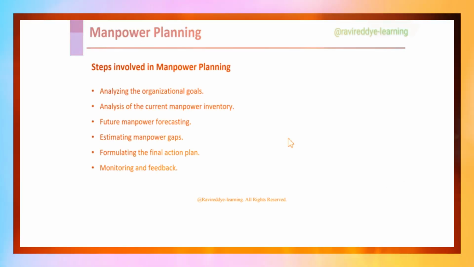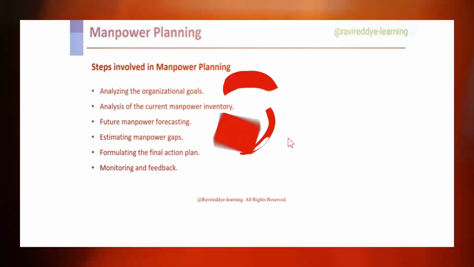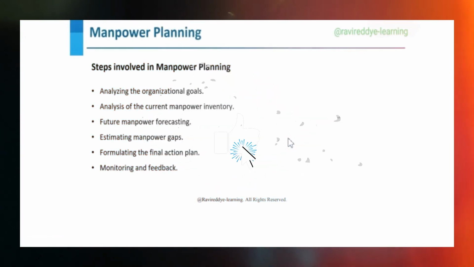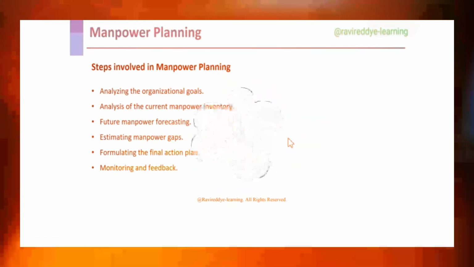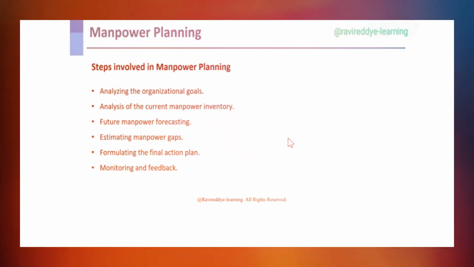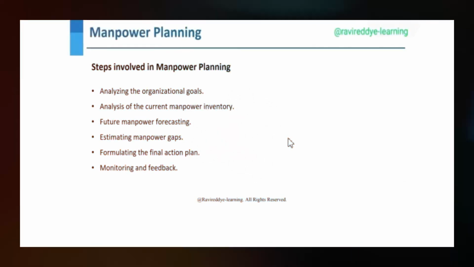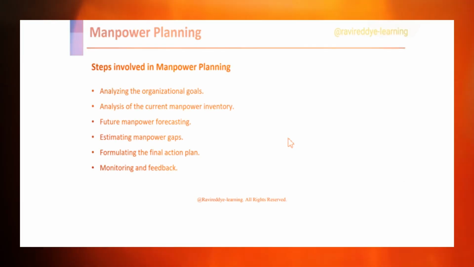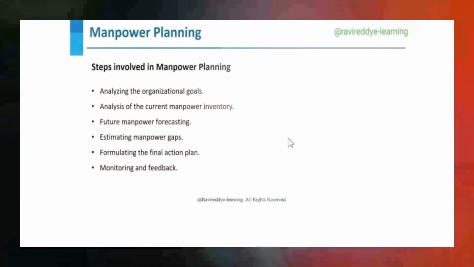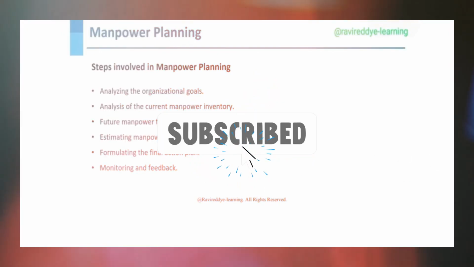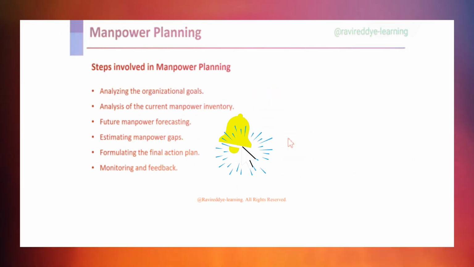Then according to this manpower planning, we formulate the final action plan, how we are supposed to go about the process. Then monitoring and feedback, which will be constant throughout manpower planning. If you hire people, we need to see whether that was the right or wrong decision.